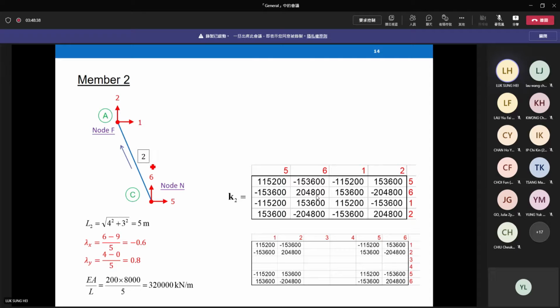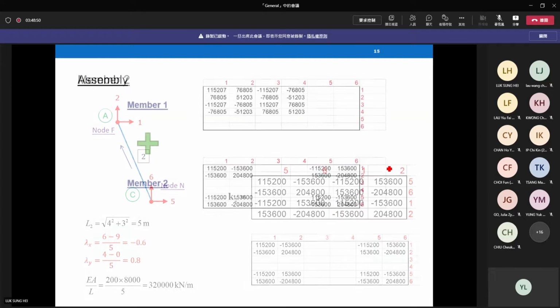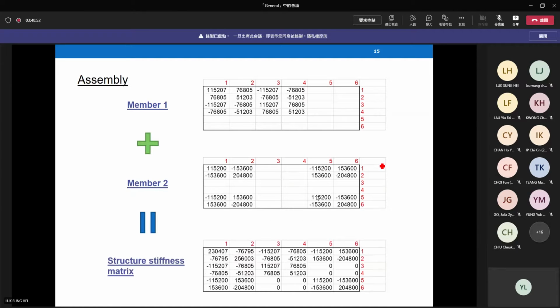Same for element 2. If you reverse the member orientation, then you have different signs for lambda x, lambda y. But when you calculate the matrix, you take the square, so no effect. You have the same structure stiffness matrix, no change. You can compare with version 1. We have the same structure stiffness matrix. Actually, I just copied the answer from version 1, no change. Same K gives you the same answer because we're under the same assumptions.